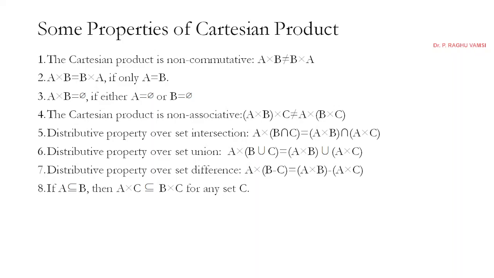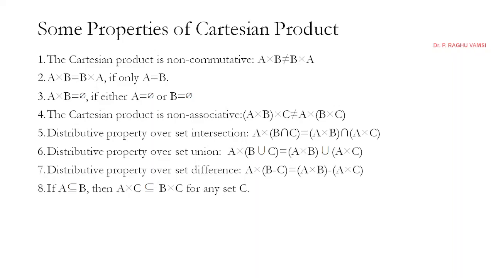The distributive property over the set intersection: A cross (B intersection C) is equal to (A cross B) intersection (A cross C). Distributive property over set union: if you look at A cross (B union C) is equal to (A cross B) union (A cross C).